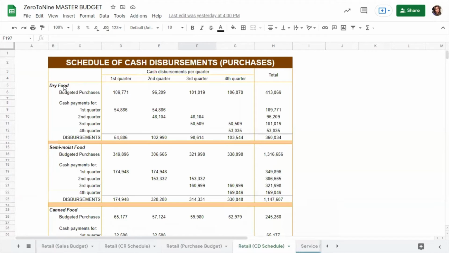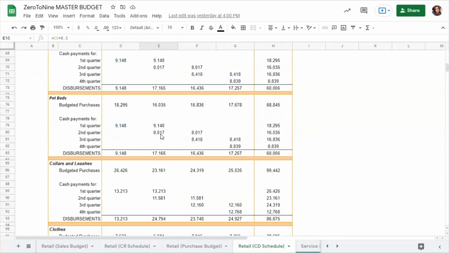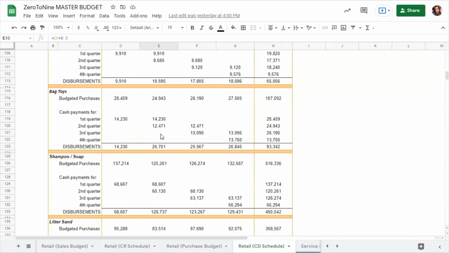So for the dry food, this is our total cash disbursements. Same process and same formula, 50% in the quarter of purchase and 50% in the quarter following the purchase. So this is our schedule of cash disbursement for our individual products.